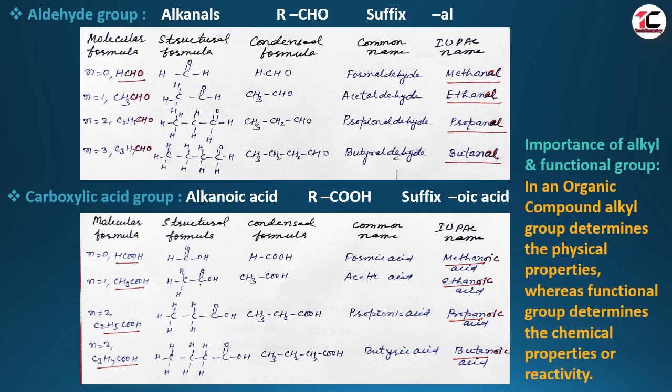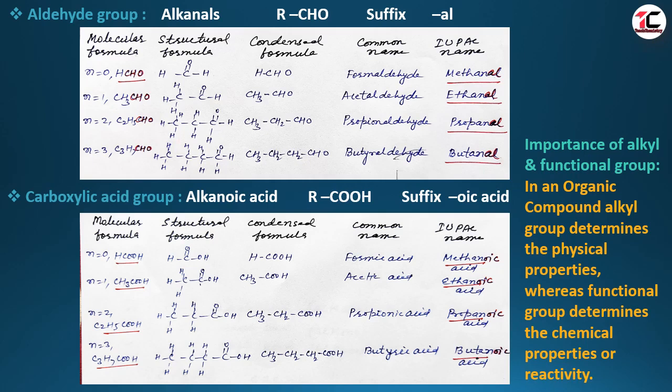It is important. What is the importance of alkyl group and functional group? In an organic compound, alkyl group determines the physical properties, whereas functional group determines the chemical properties or the reactivity of the organic compound. So as students, we come to know some of the functional groups.